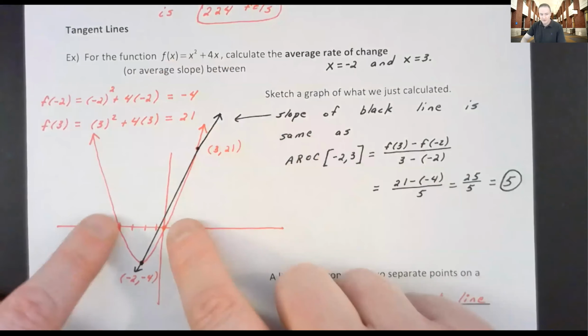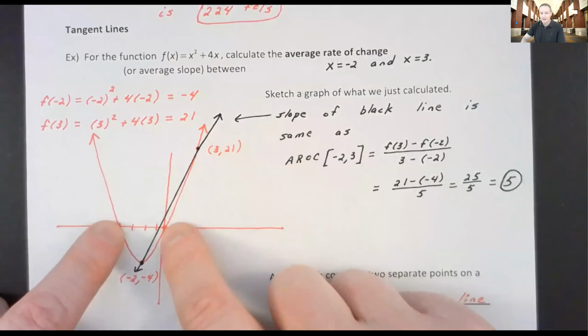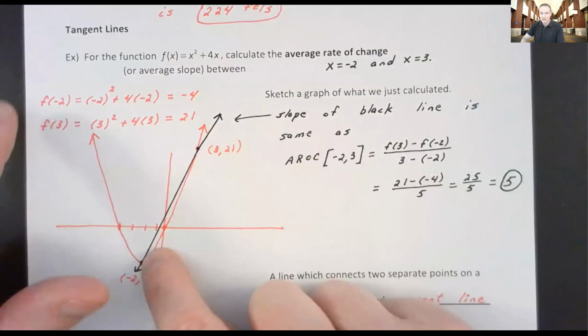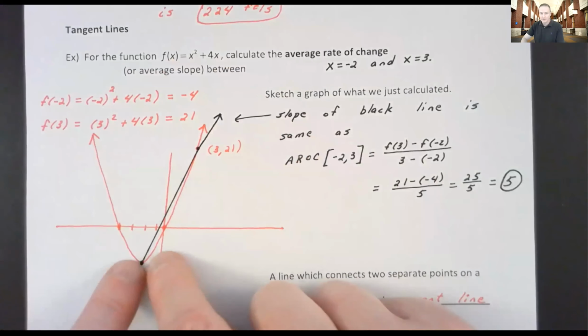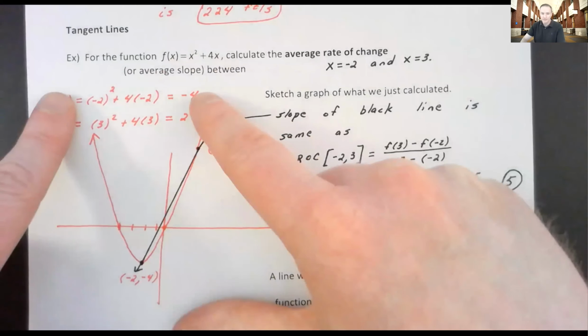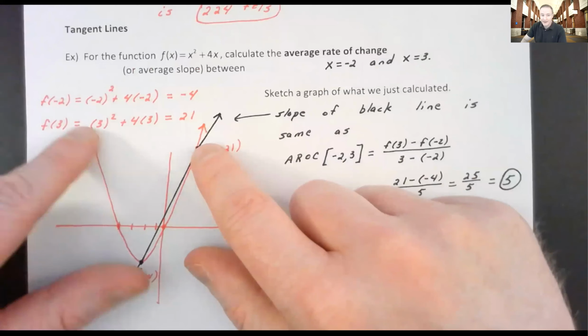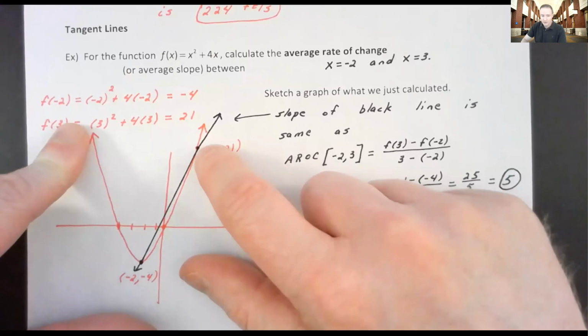I know it has x-intercepts at -4 and 0, which means its vertex is going to be right in between. Well, right in between is our value f of -2, which we know is -4. So I'll go ahead and draw that vertex in, and then I know my function is going to go up. I know that when x is 3, my y value is 21, so I went ahead and plotted that point.